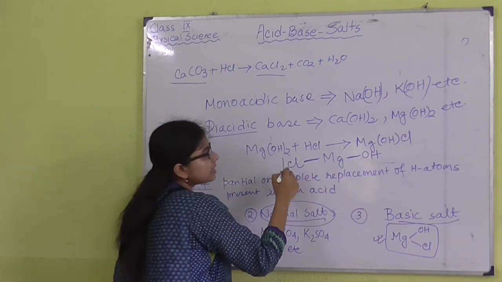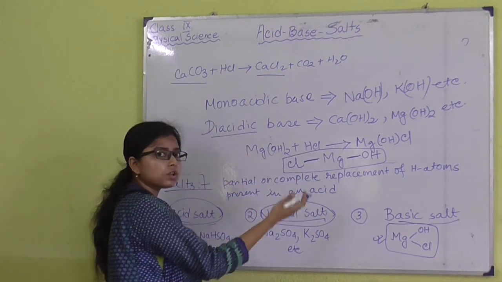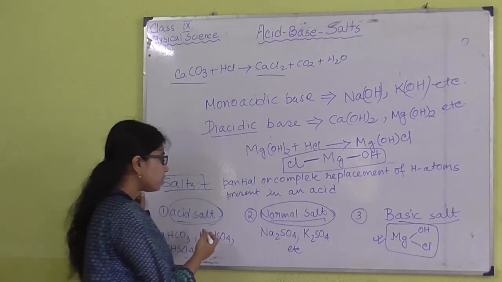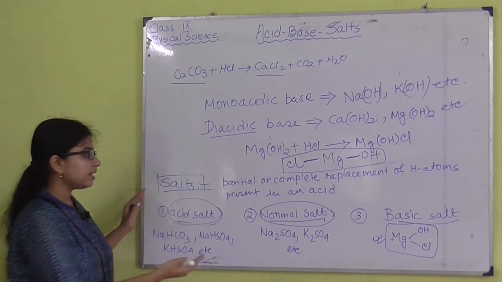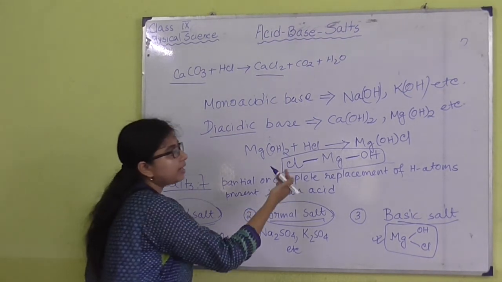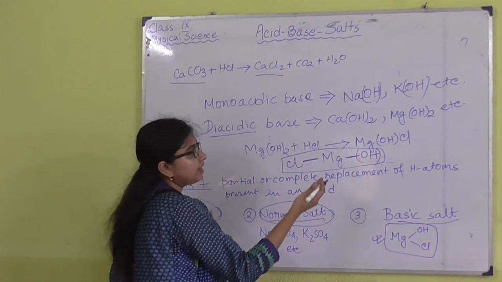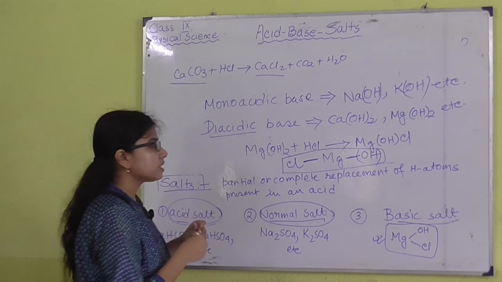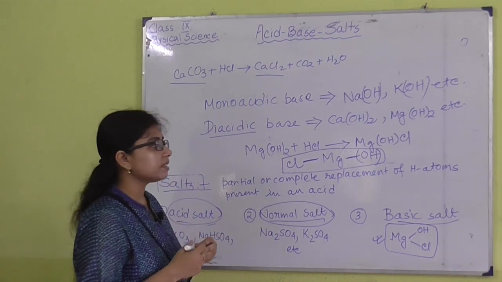So this is one example of the basic salt, because this is a salt but there is a hydroxyl group also. In case of acid salt, I was saying that this is a salt but there is an acidic hydrogen, and here this is a salt where there is a hydroxyl group, and that is why this is the example of basic salt. So this was the last portion of this chapter: salt, acidic salt, normal salt, basic salt.